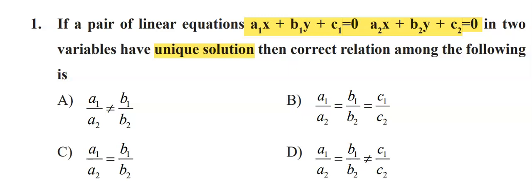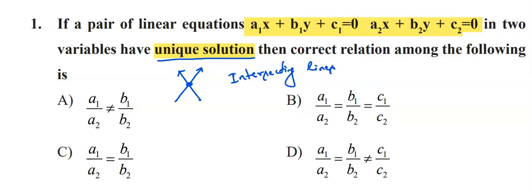So now you need to understand the properties of a unique solution. Now, suppose this is one straight line, and let me say this is one more straight line. When these two lines intersect with each other at a point, then such type of lines we call intersecting lines.